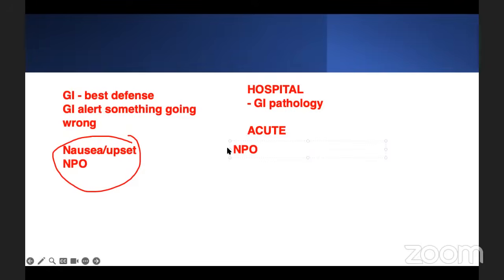Most GI pathology is an inflammatory process. Let me use the appendix. This is the appendix. It's blocked by some stone, and so he's going to have inflammation around it. Inflammation is painful. That is your body telling you something bad is happening.